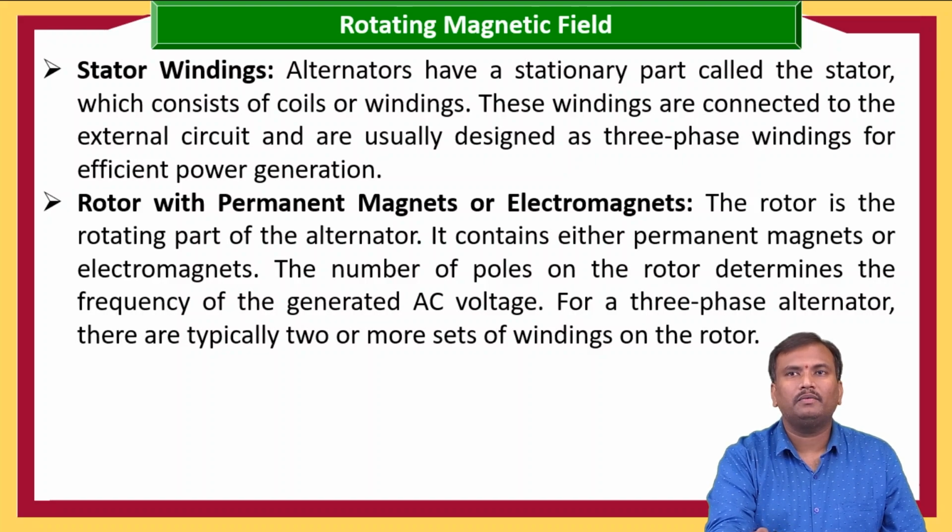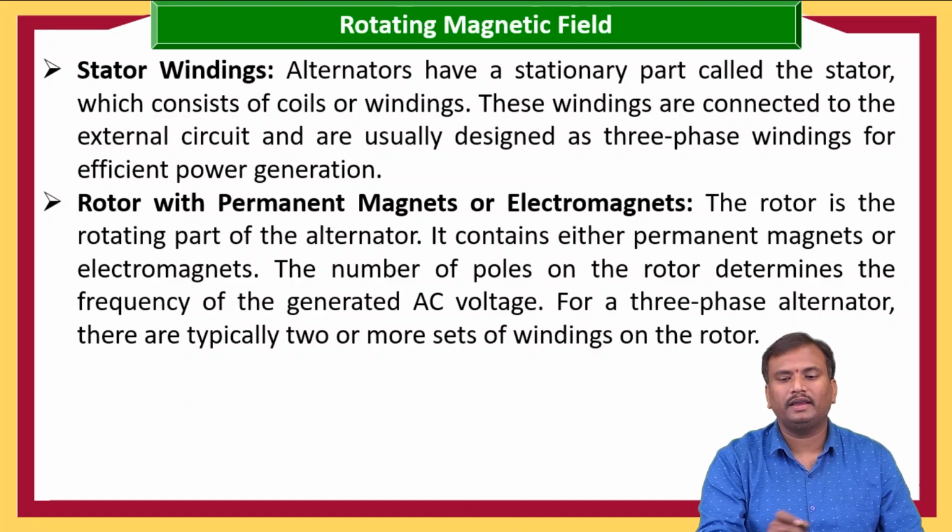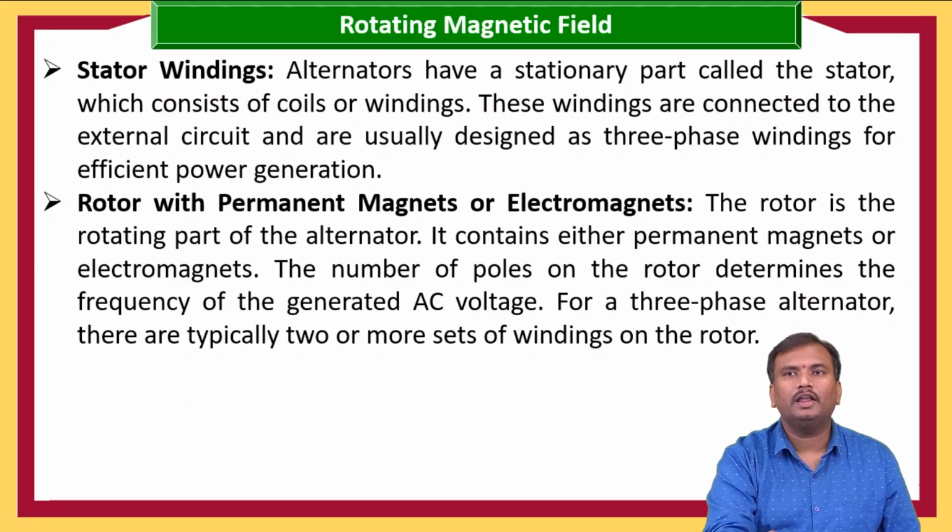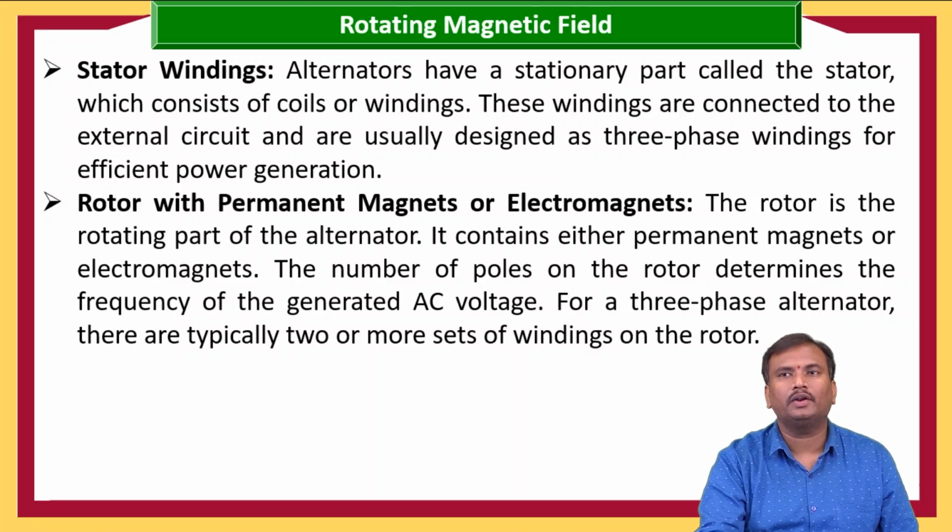Now, the rotor with permanent magnets or electromagnets. The rotor is the rotating part of the alternator. It contains either permanent magnets or electromagnets. The number of poles on the rotor determines the frequency of the generated AC voltage. For a three-phase alternator, there are typically two or more sets of windings on the rotor.